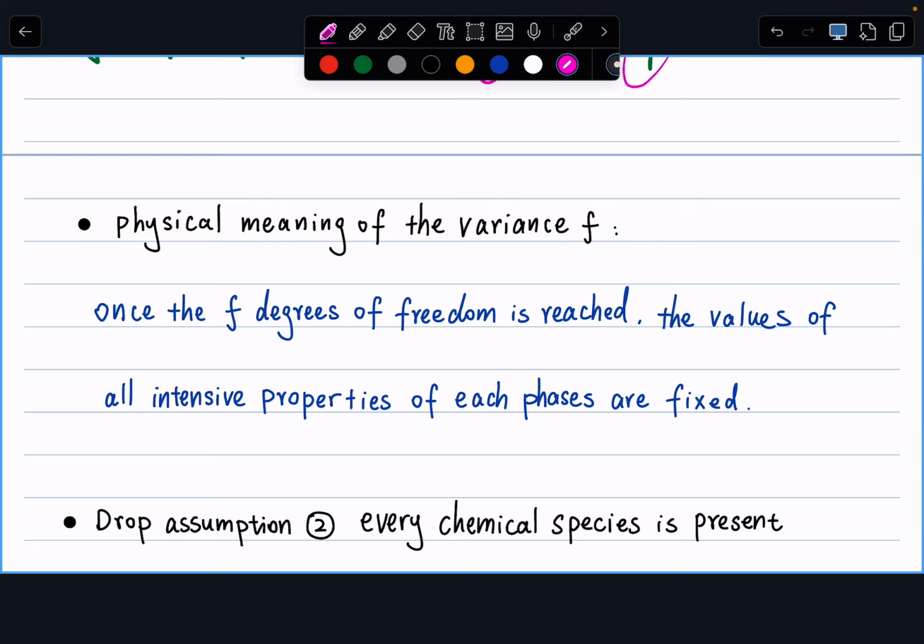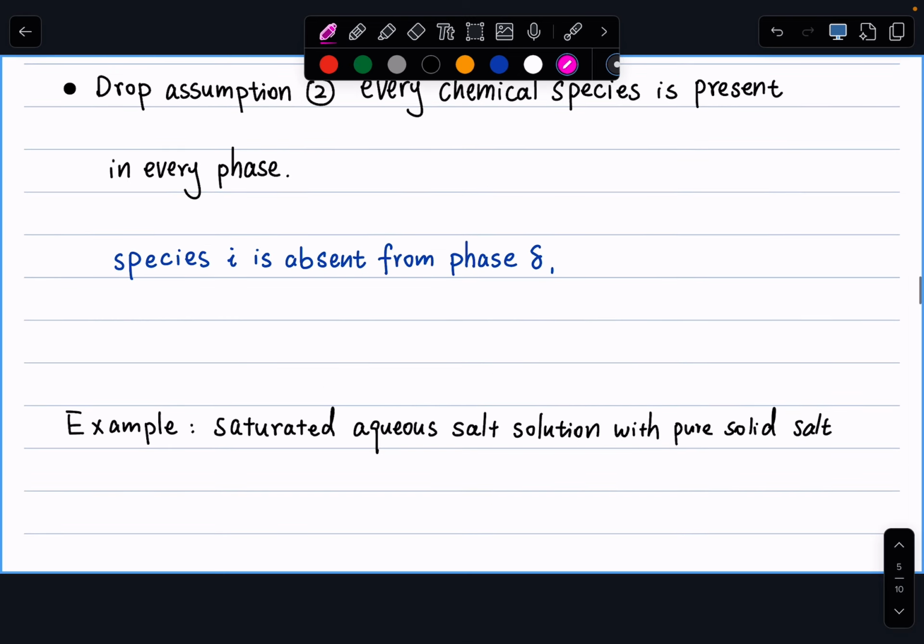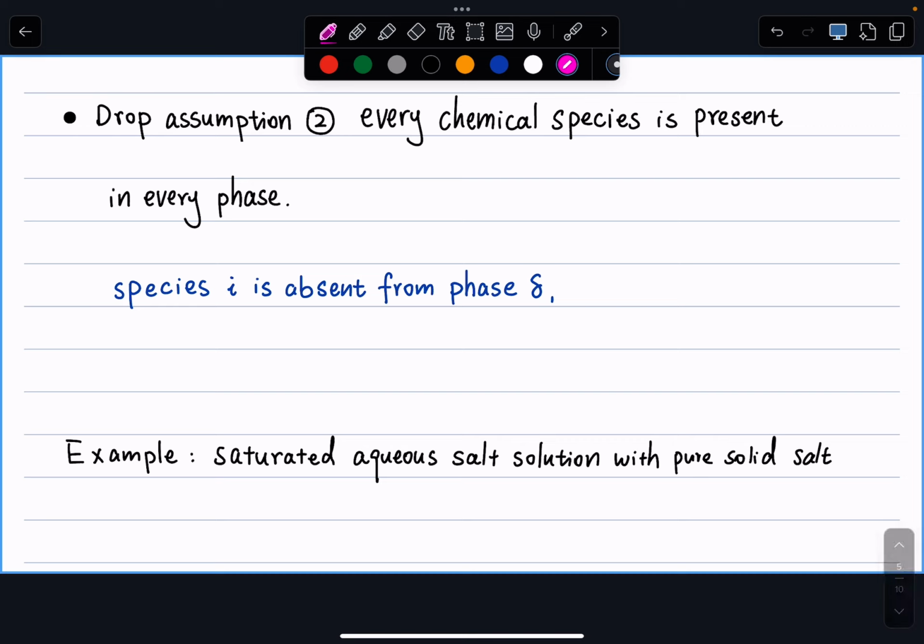All right. Now we still have 2 assumptions, and obviously we hope we can generalize our phase rule as much as possible by dropping these assumptions. So let's think about the first one. Now let's imagine we're dropping the second assumption. I don't know why I dropped the second in my lecture note, but let's do that.